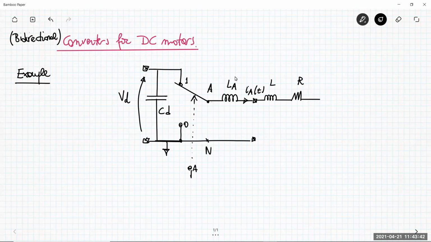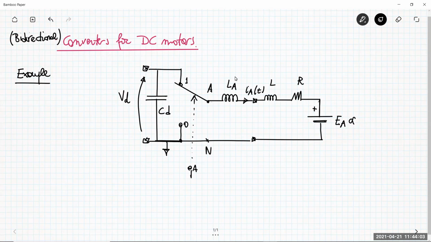And then you have the ohmic losses represented by the resistance R. And remember that you have what is called the back EMF, let's say EA, for example. The back EMF is proportional to the rotational speed of the motor.